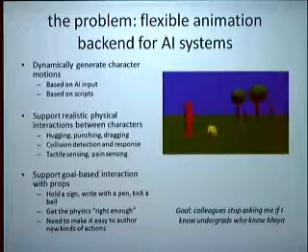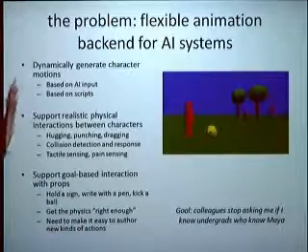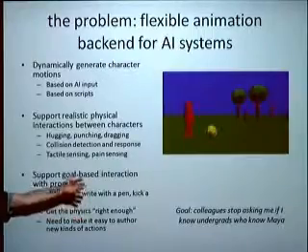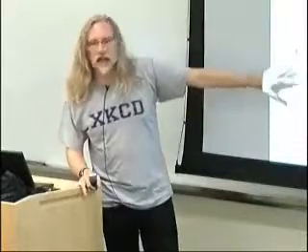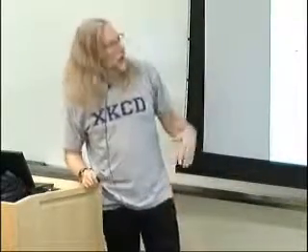So we're looking to build a system that has a pretty wide behavioral repertoire, that's easy to interface to the AI system, that can provide some reasonable amount of physical interaction between the characters. So you saw the child character physically hugging the parent, and you want to be able to do that kind of thing. And you want it to be relatively easy to add props to the system. You want at least cartoon level believability.